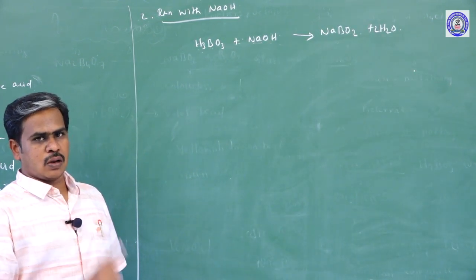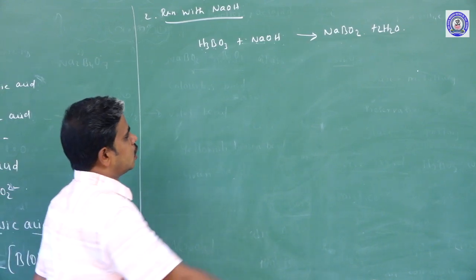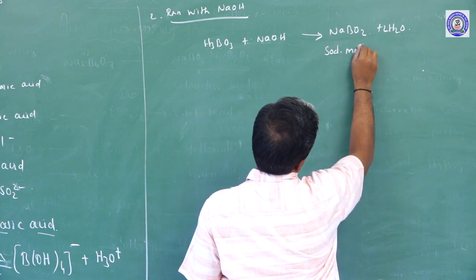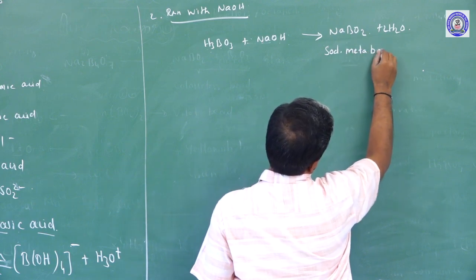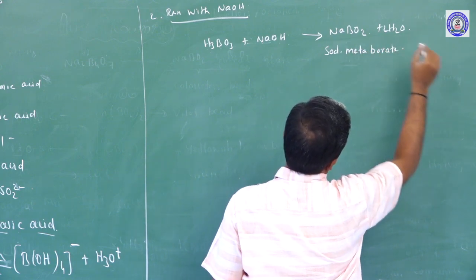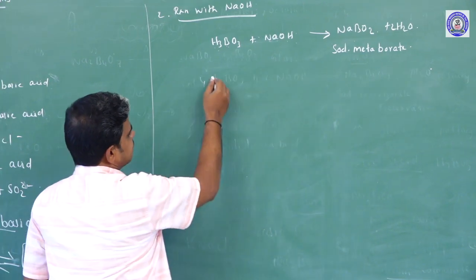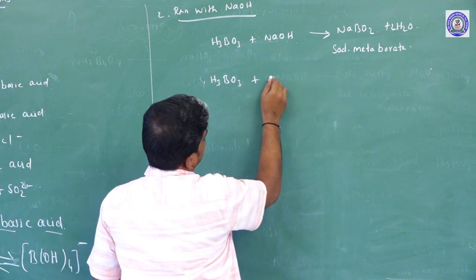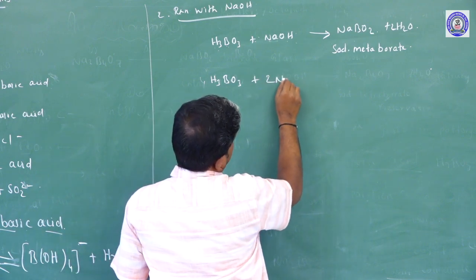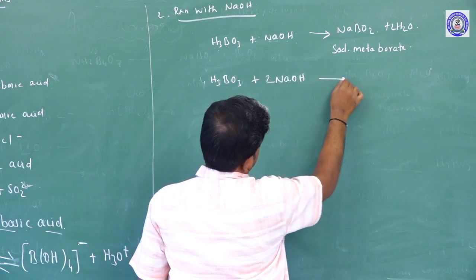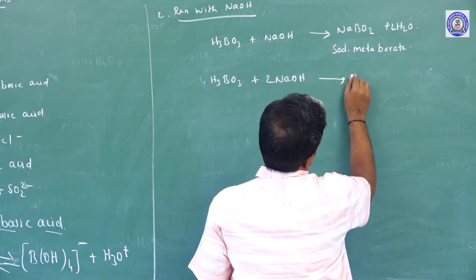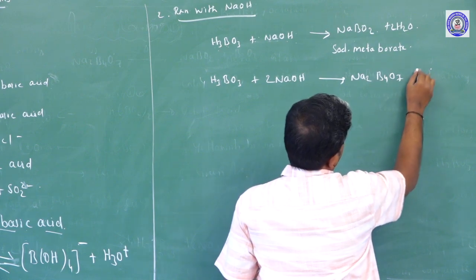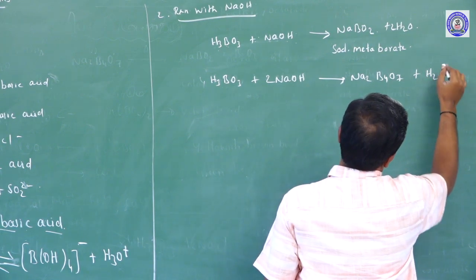With 1 molecule of sodium hydroxide, it gives sodium metaborate. Boric acid H3BO3 is treated with 2 moles of sodium hydroxide and forms Na2B4O7 and water molecules.